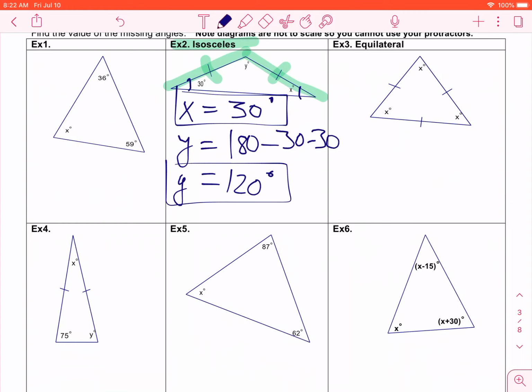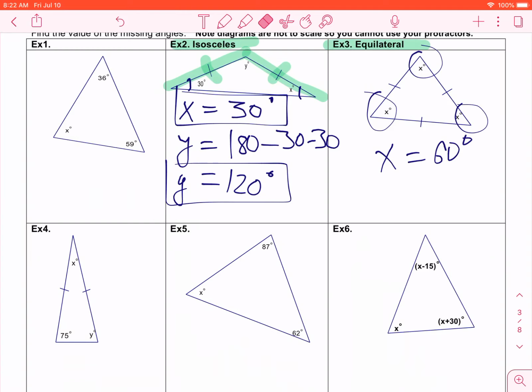There's also an equilateral triangle. I'll go back to example 1 later. Okay, so with an equilateral triangle, if they're just the basic x's, we know 180 divided by 3 is going to be 60 degrees. Okay.